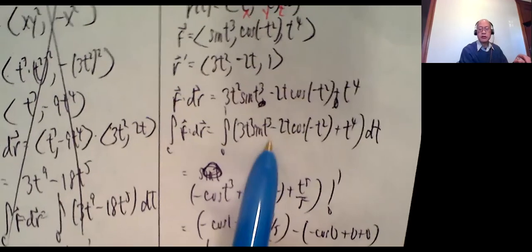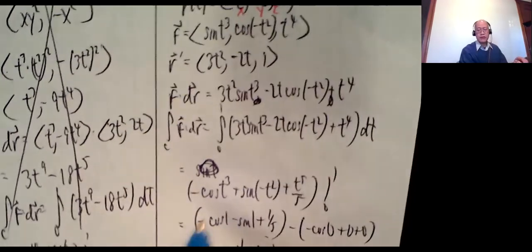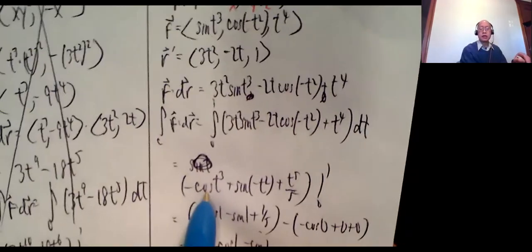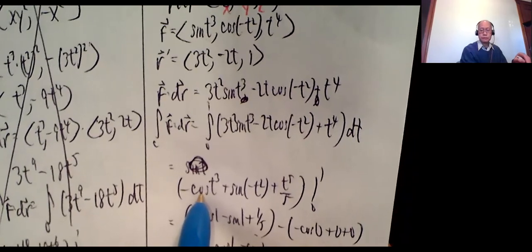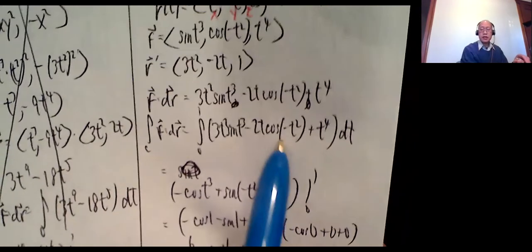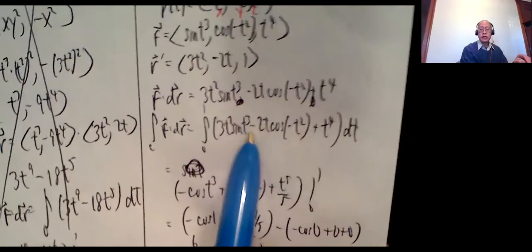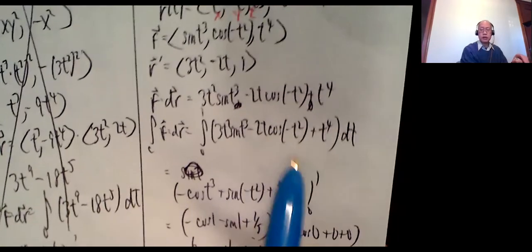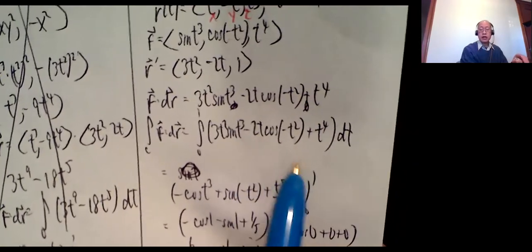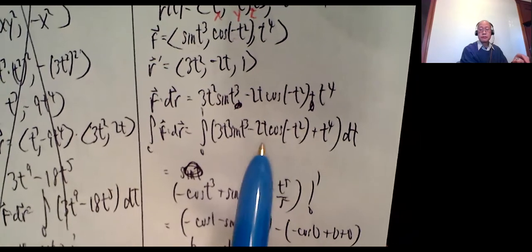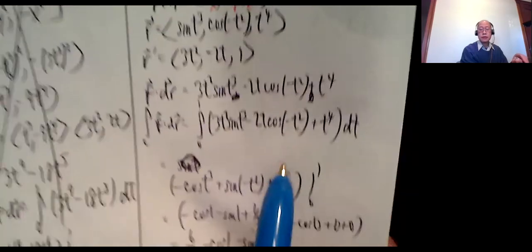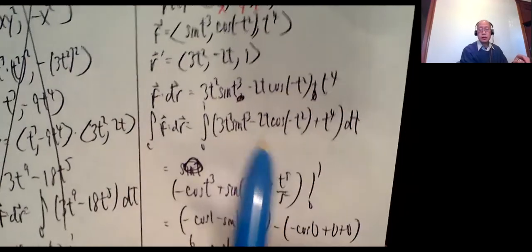So I'm integrating sine u, negative cosine u, negative cosine t cubed. Likewise here, if I did a u substitution, u is negative t squared, du is negative 2t dt, it's perfect. So I'm integrating, let's see.